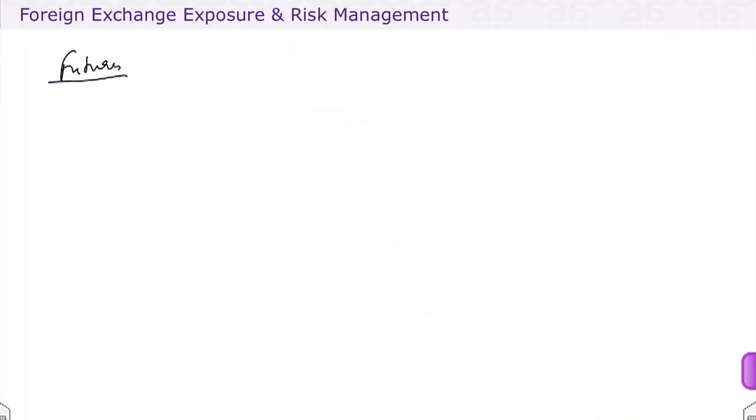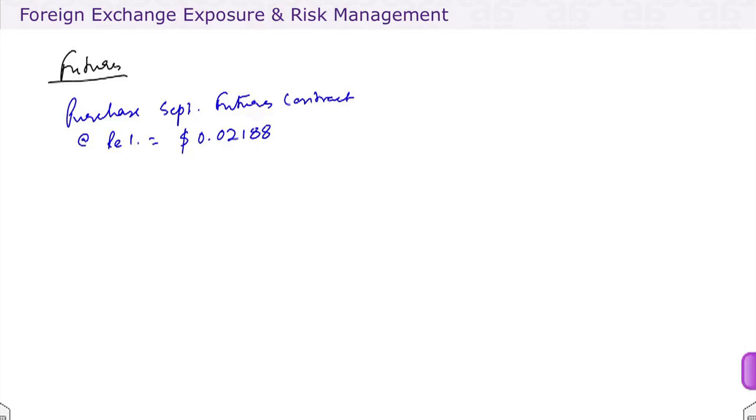So in the futures case, you purchase a September futures contract at rupee 1 equal to $0.02188. This is what is given here.